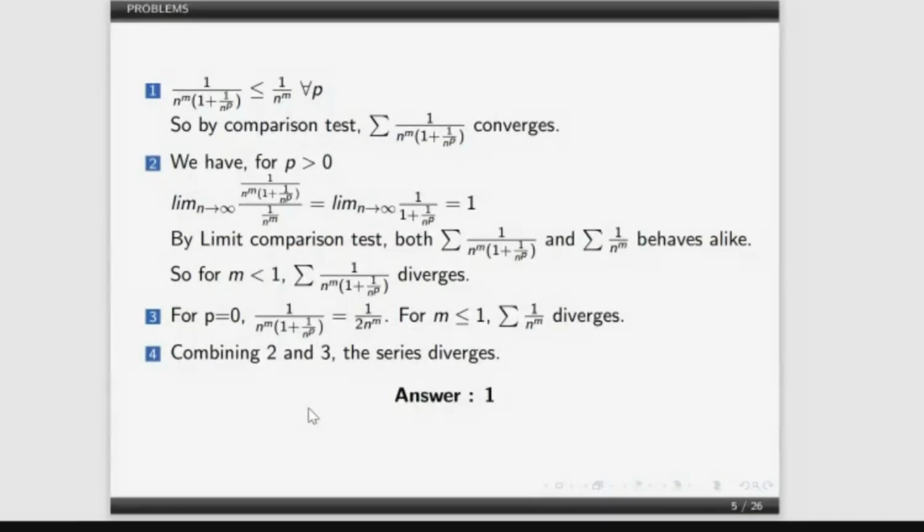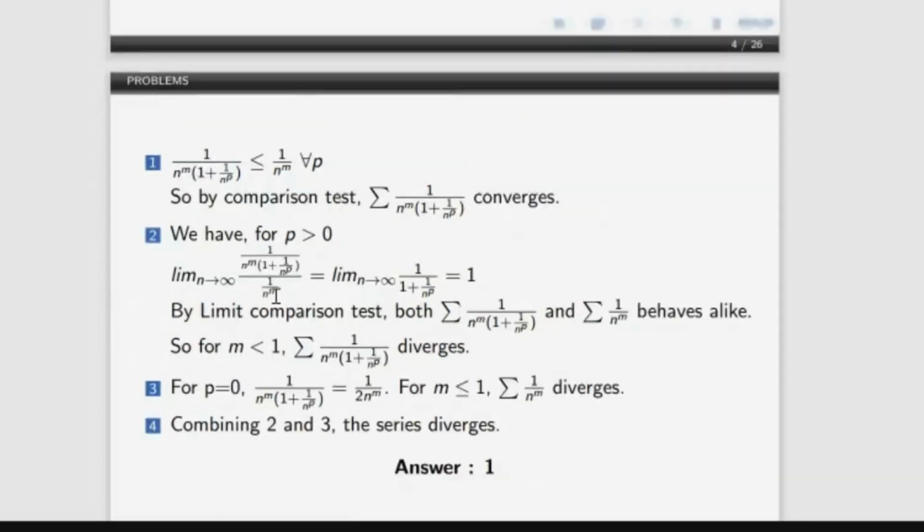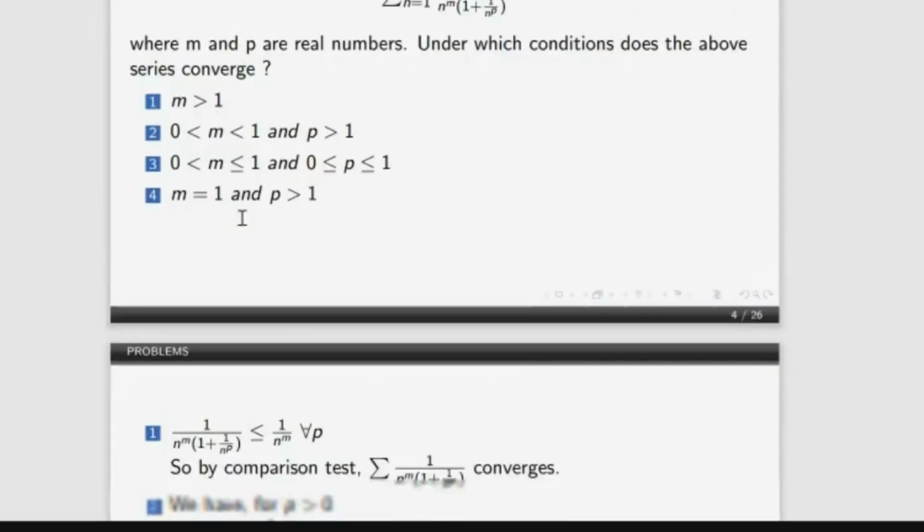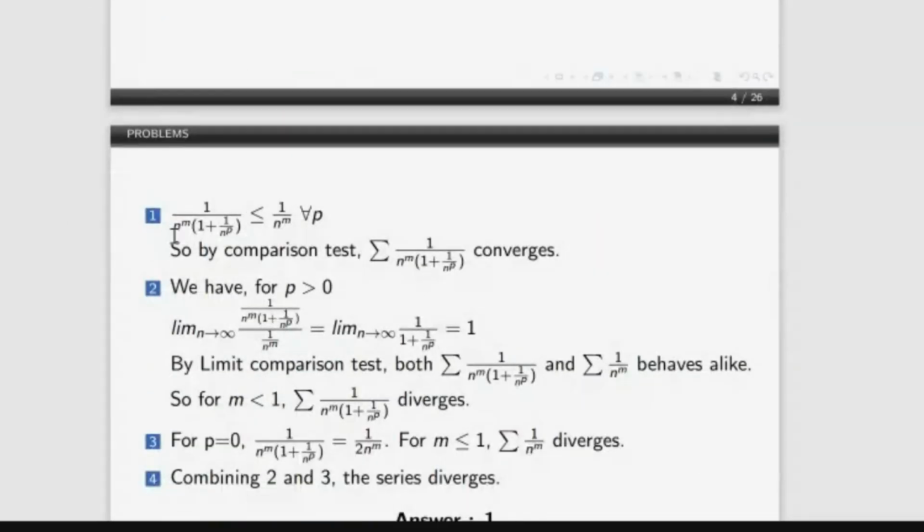So I've taken it as cases. The first option was for m greater than 1, and for any p that I'm going to take. Whether m is positive or negative, n power p is positive because n is positive. 1 by n power p is also positive, and 1 plus 1 by n power p is also positive, and it is greater than or equal to 1.